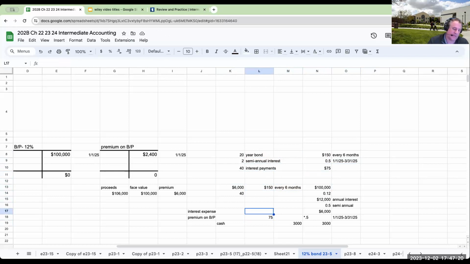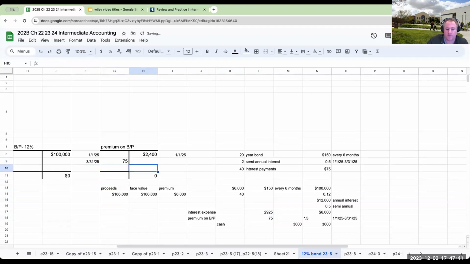So my interest expense is going to be 2,925. So my premium on bond payable, and this is very important to do, on 3/31/25 this was amortized by another 75.